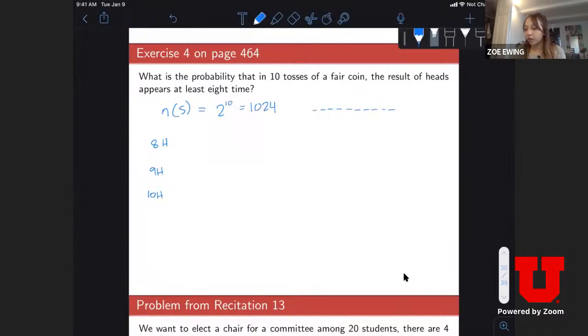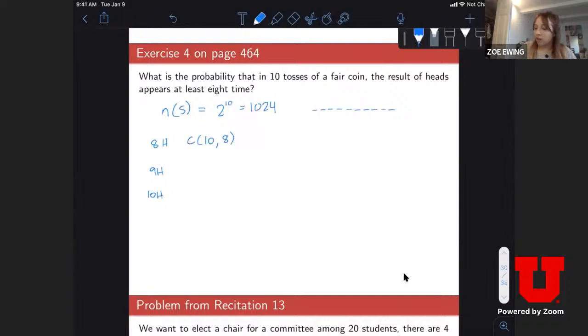So if we want heads to appear exactly 8 times, we just need to pick 8 of these slots that heads are going to go into, and automatically the tails will fill in afterwards. So we actually can use the combination formula, and out of 10 spots, choose 8.